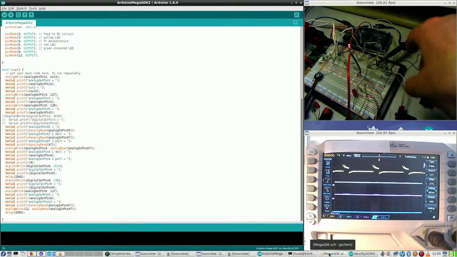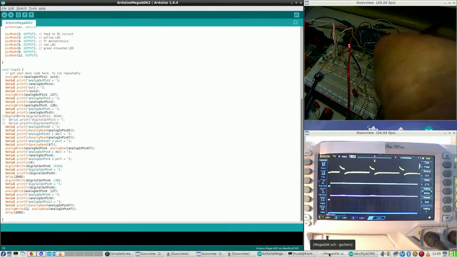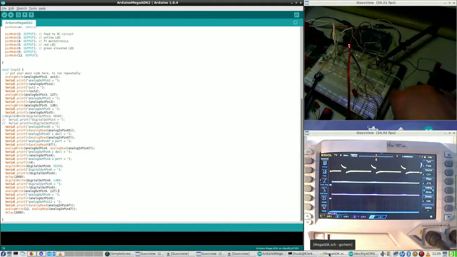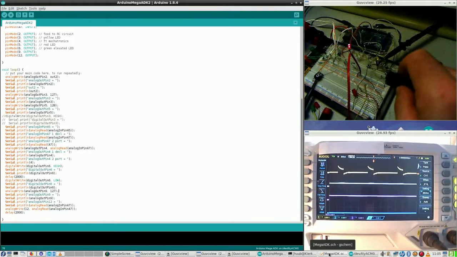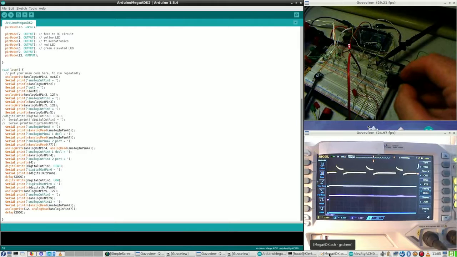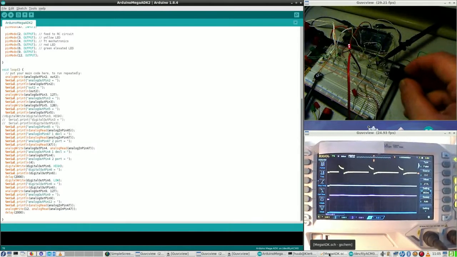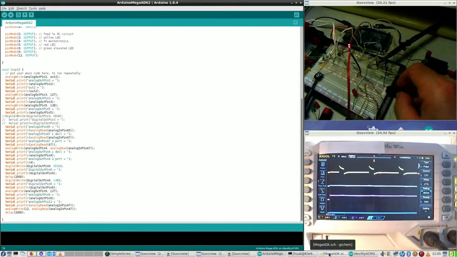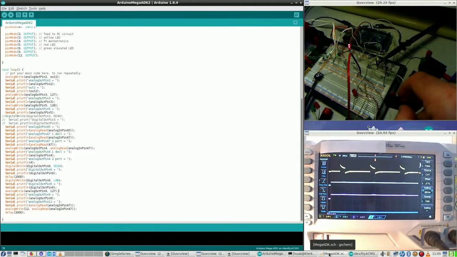So that is still the case. And I had wired it through the switch, which still works. So when I press the switch, it is supposed to engage the motor, which it obviously does not do.